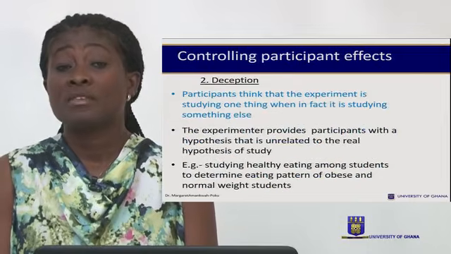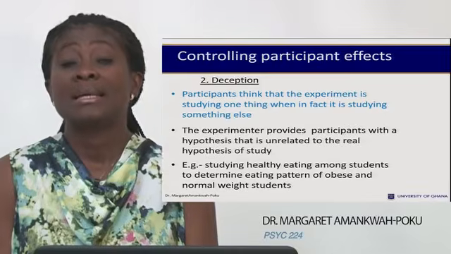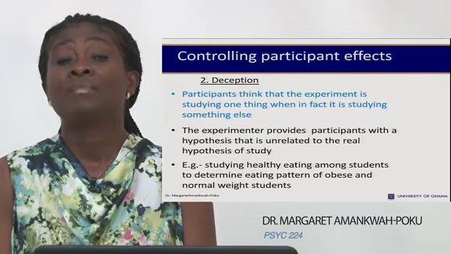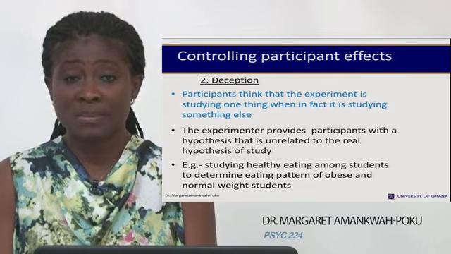Then we have the use of deception. So usually in experimental research, it is not allowed that you use deception in your study, but there are instances where experimenters would use deception and in these instances, they have to justify that the only way to be able to conduct the study is by using deception.